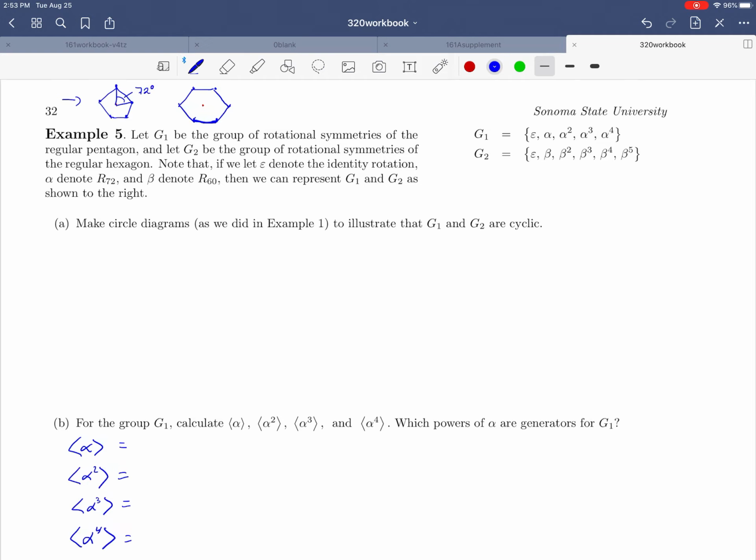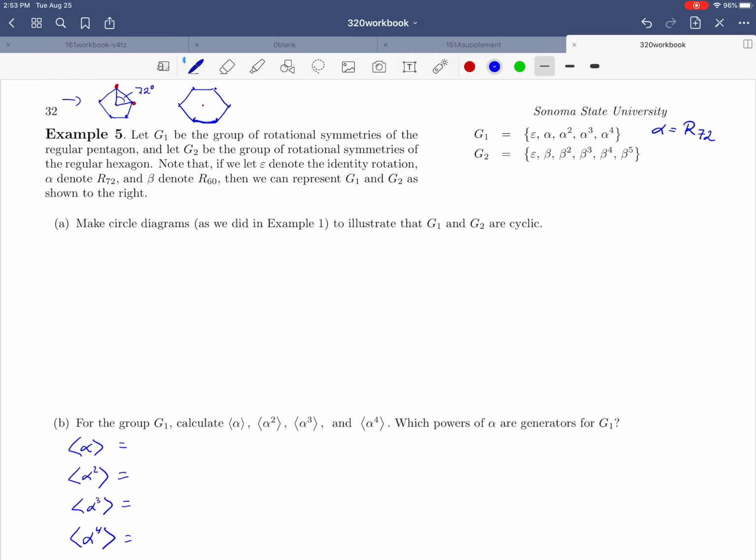If we rotate by 72 degrees, then this vertex moves to the vertex on top, and if you didn't look while somebody moved it, you see that the pentagon looks just the way it was at the beginning, even though you did rotate it. So let's call that rotation alpha. Alpha is the rotation by 72 degrees counterclockwise.